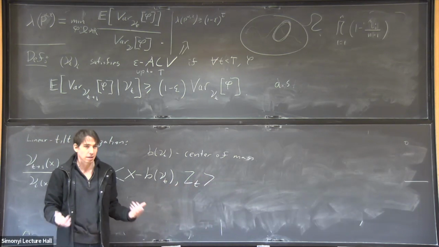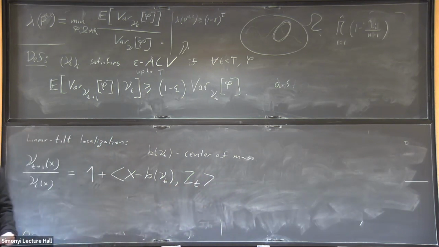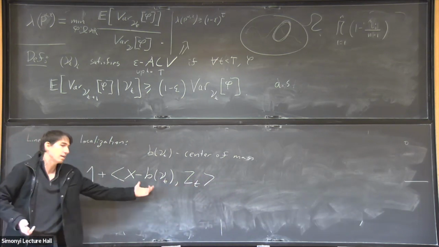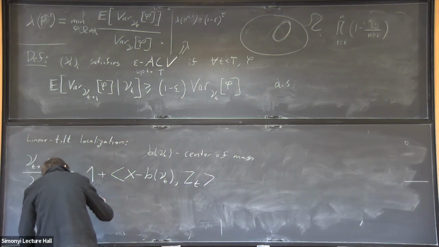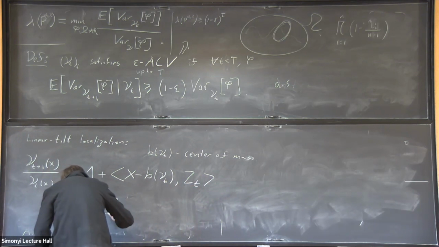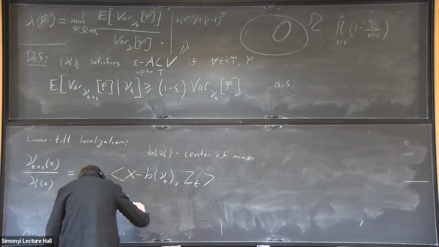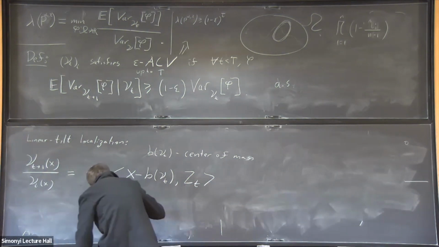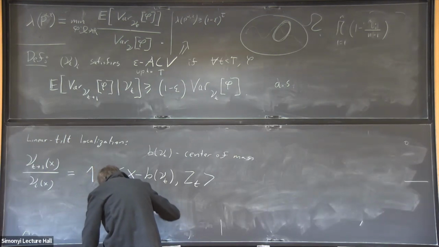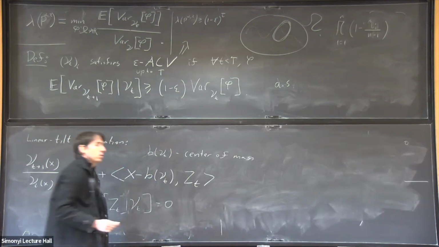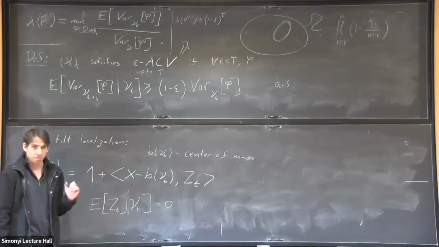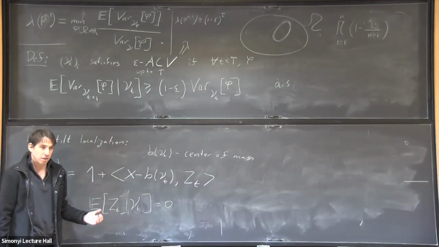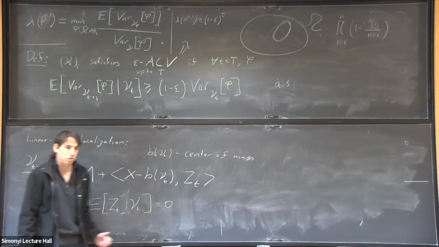So I keep it a probability measure, as long as this side is not negative, of course. And I'm going to choose it so that the expectation of zt given nu t is 0, meaning that this is a martingale step. I'm adding to my measure something that has expectation 0.